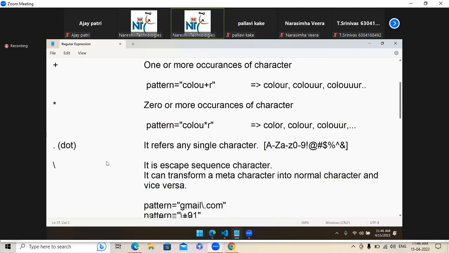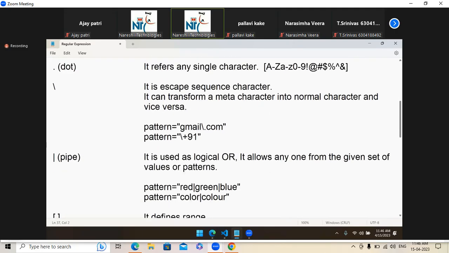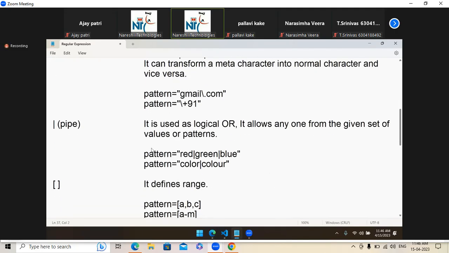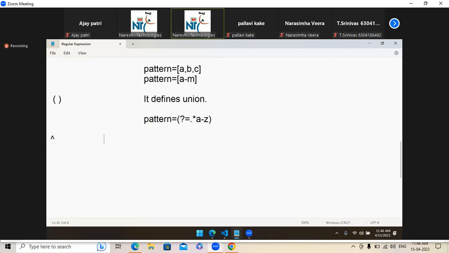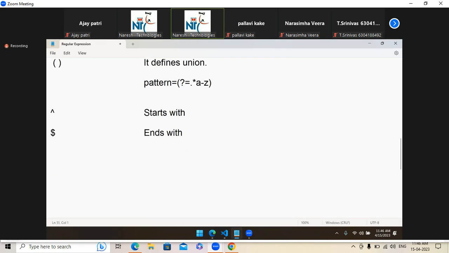Exponent. This is actually a caret. We call this a caret. This caret symbol is used for starts with. And we have dollar. Dollar is used for ends with. What starts with? Expression starts with.